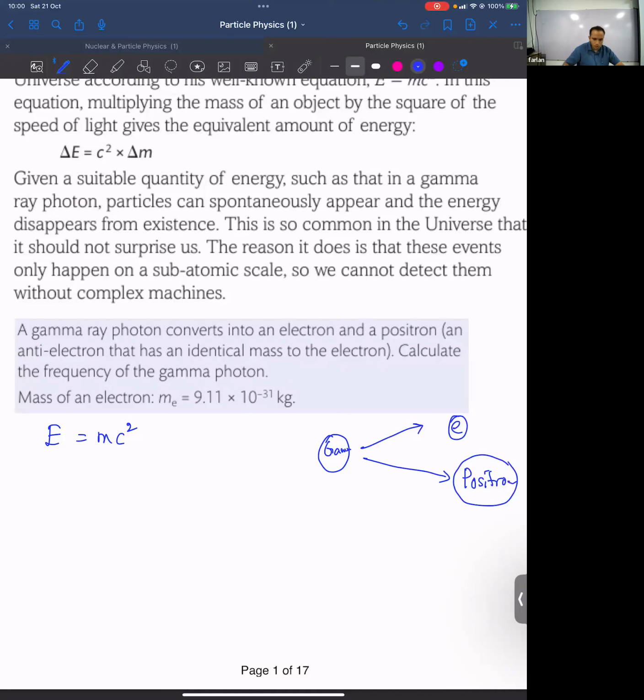So what is a positron? It is also a particle with the same mass as an electron, but the electron is negatively charged and the positron is positively charged.